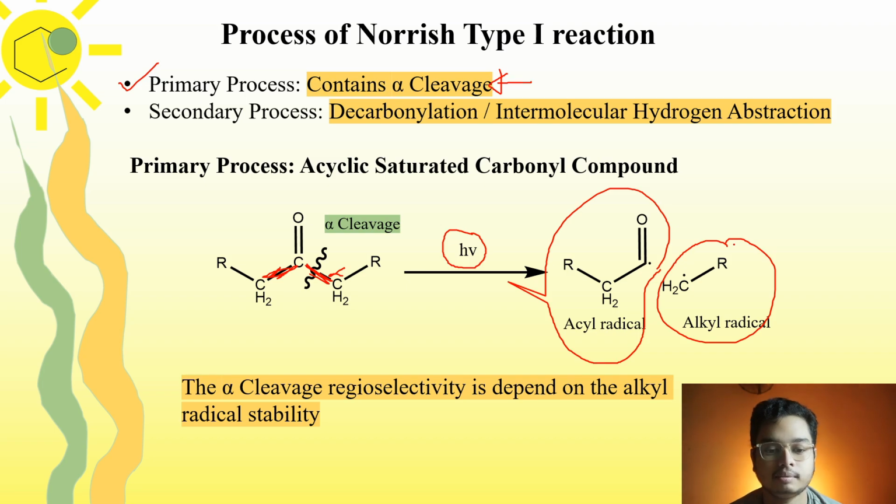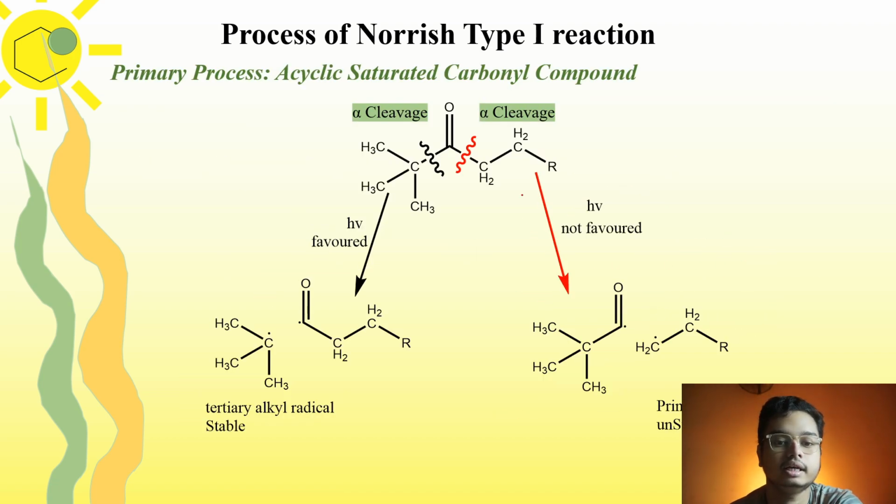Now I am talking about the regioselectivity. This alpha cleavage regioselectivity depends on the alkyl radical stability. That means the radical stability determines the regioselectivity of the Norrish type 1 reaction. For example, see here another acyclic saturated carbonyl compound, or we can say ketone.